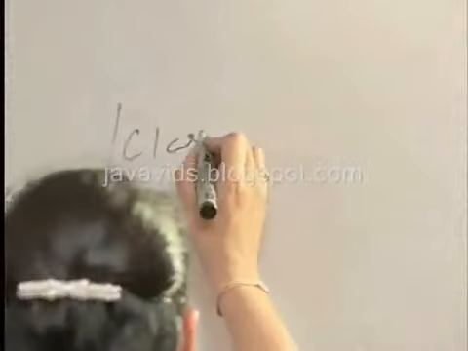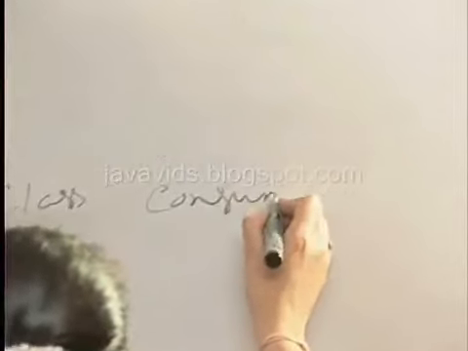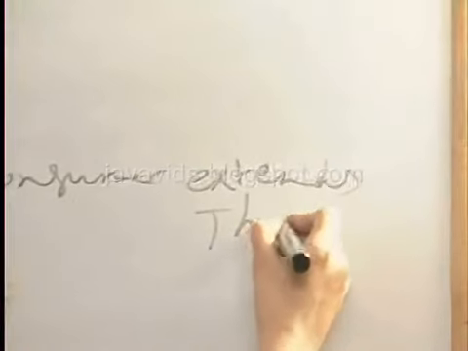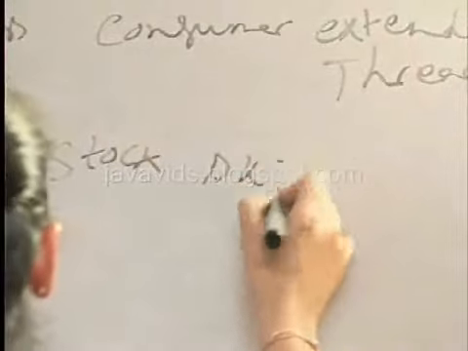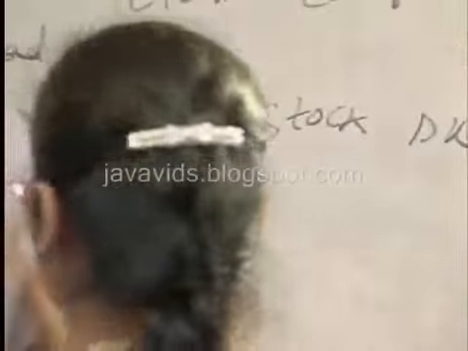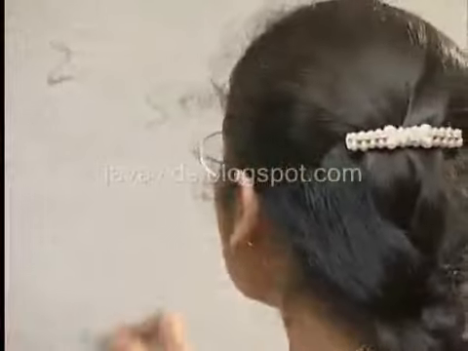While a Consumer extends Thread, it's also a thread class which also has a stock object, the same stock object shared by both producer and consumer.